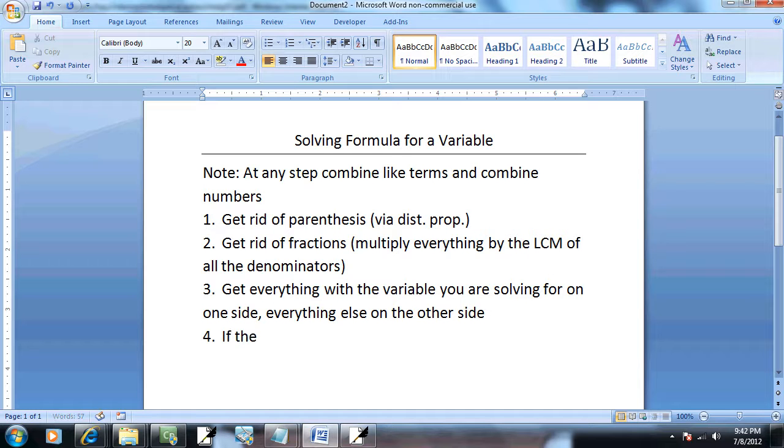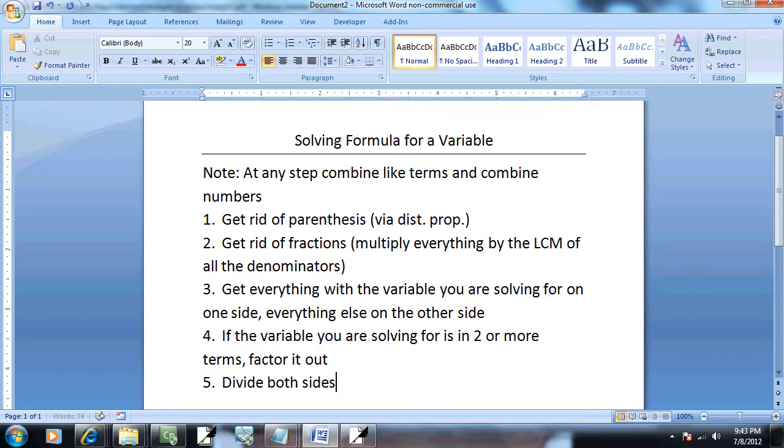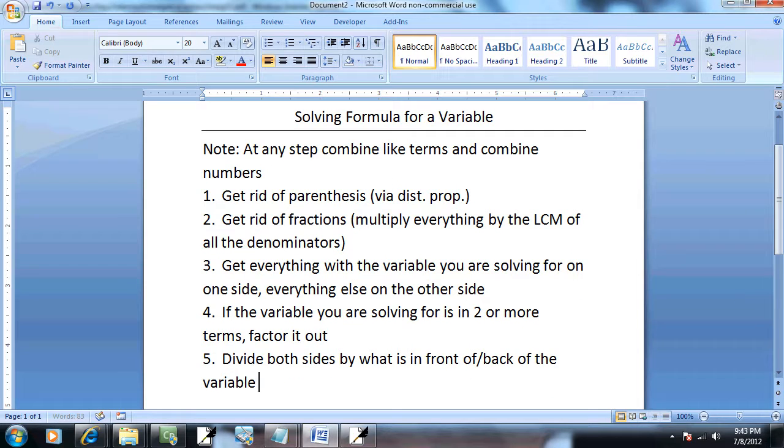Step 4, if the variable you are solving for is in 2 or more terms, factor it out. And step 5, divide both sides by what is in front of or behind the variable you are solving for.